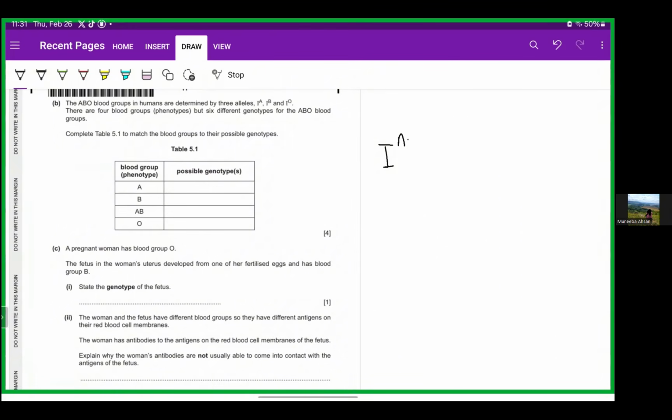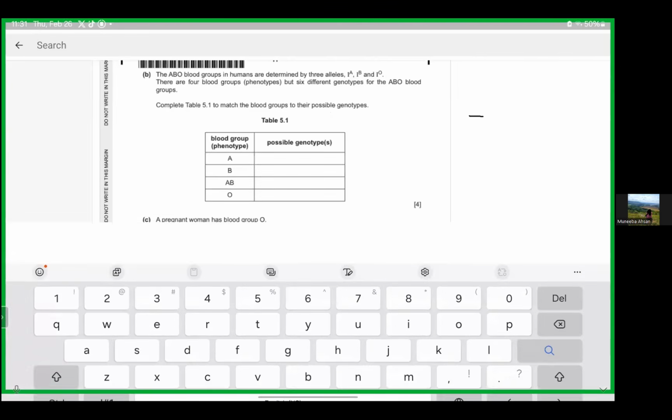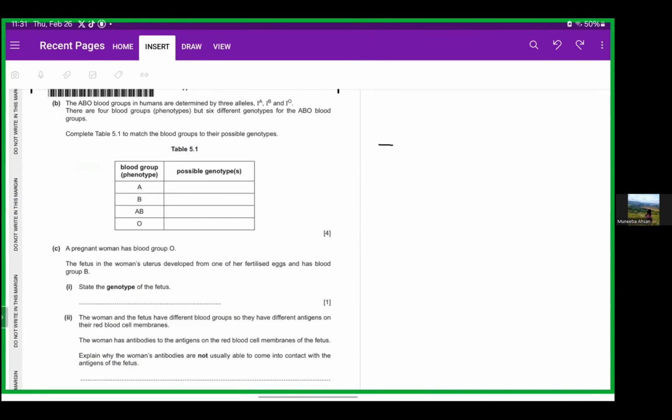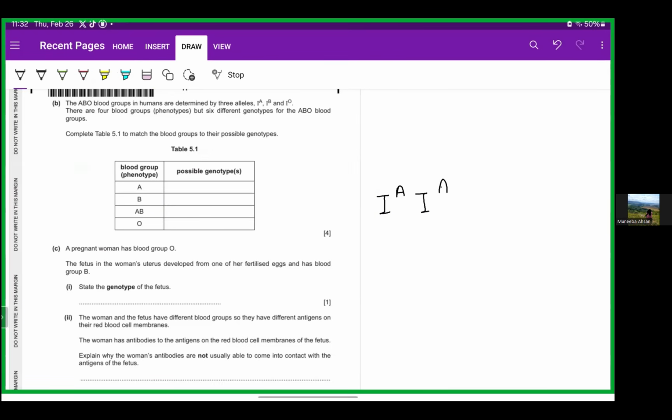Okay, so IA IA, or it can be IA along with IO, right?